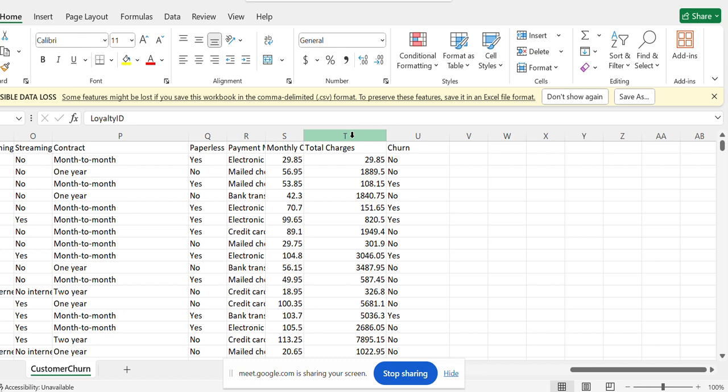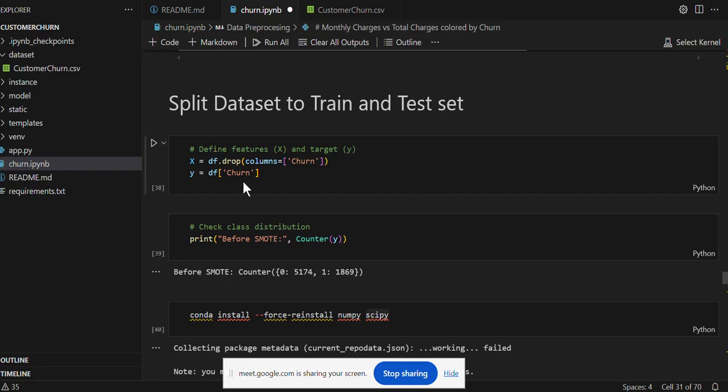The last cell, which is the churn itself, is the y-axis, which is dependent on the x-axis. The y-axis is our churn because that's what we're trying to predict.